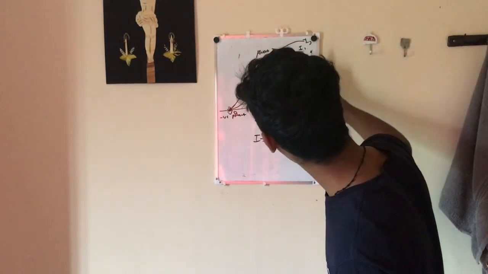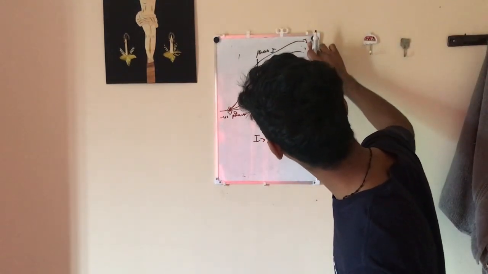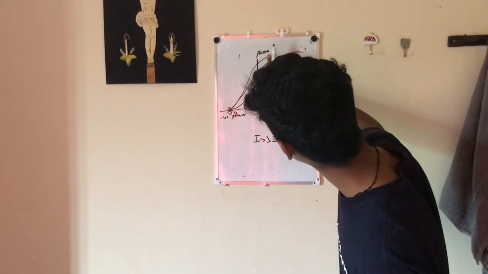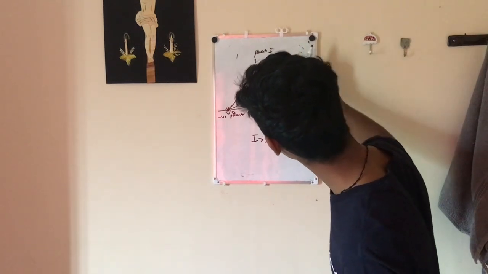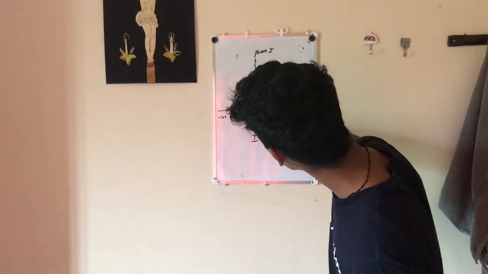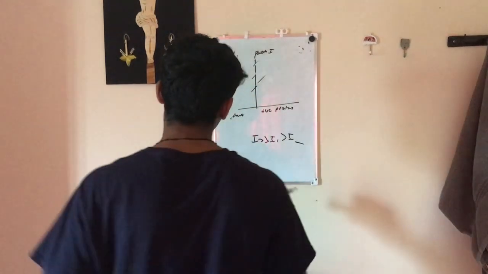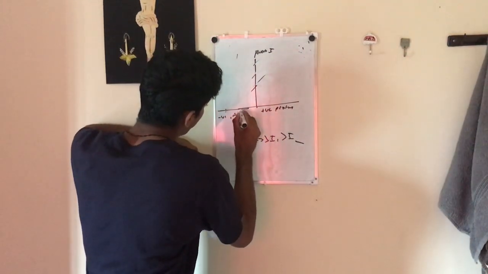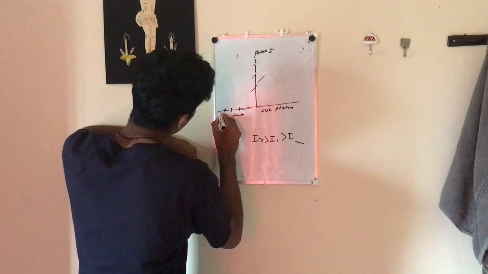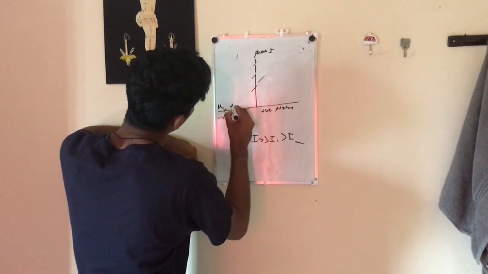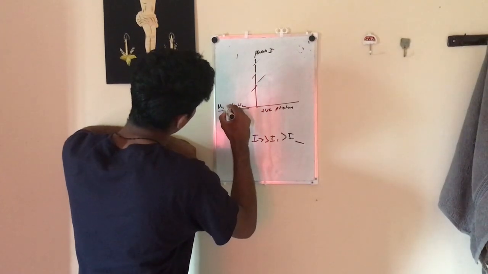If I draw a vice versa graph, mu1, mu2, mu3.